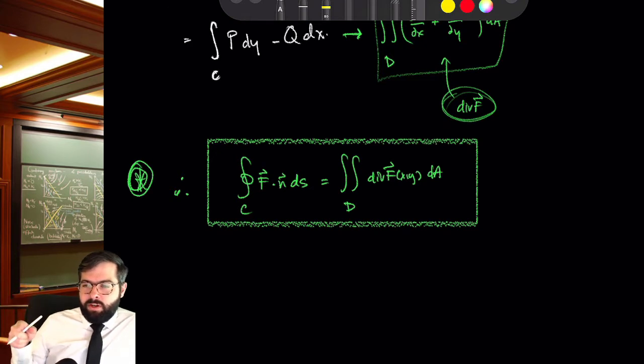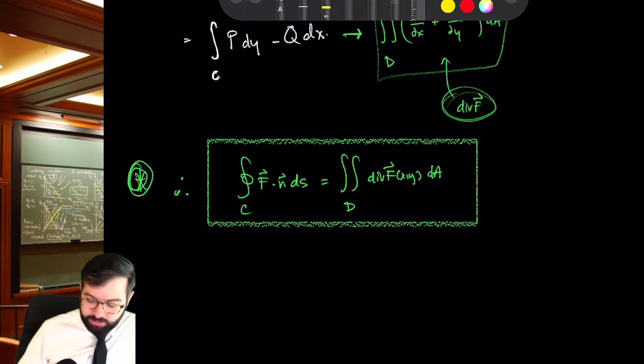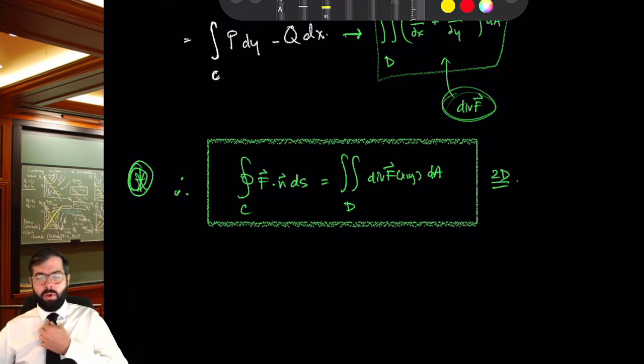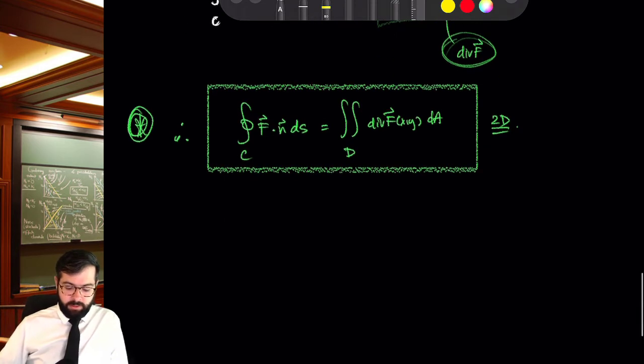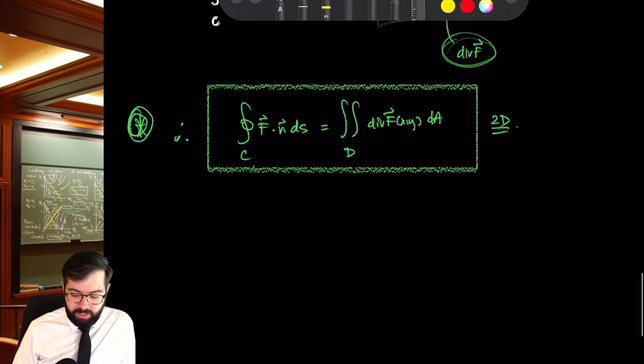Hopefully, I've trained you to at least ask the question, what happens when we take this up a dimension? This is in 2D. So the question is, what happens when we go up a dimension? Well, what would that look like?